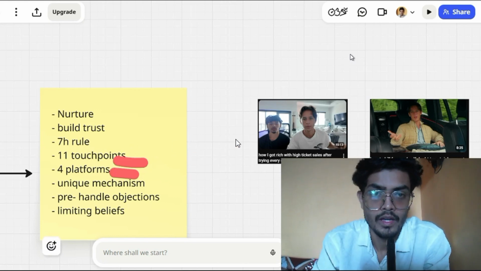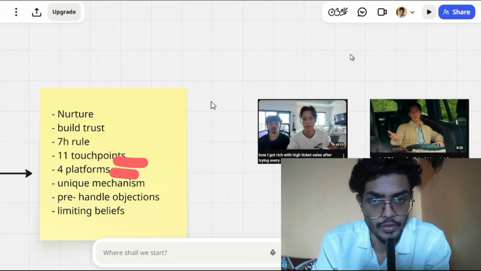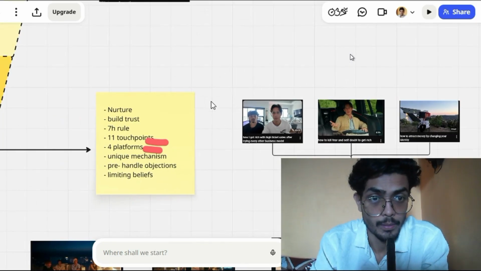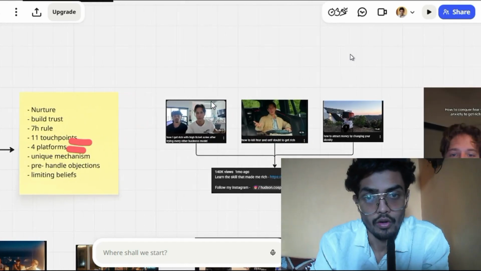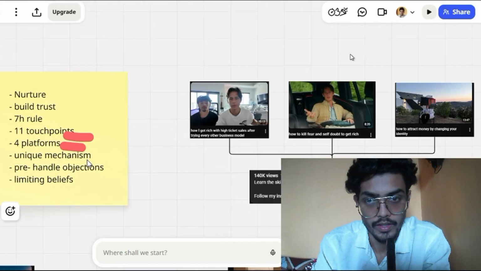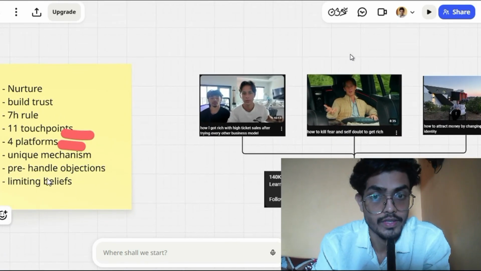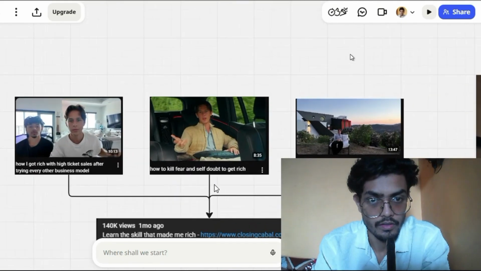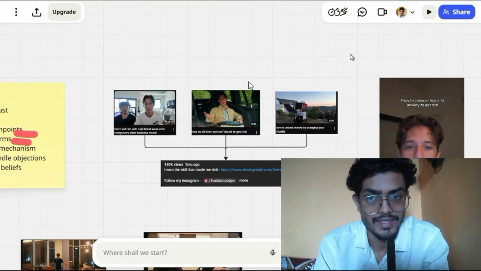But you need to be at least on YouTube as well as Instagram, and consistently produce content in order for people to trust you. And the entire purpose of the middle of the funnel is to showcase your unique mechanism, pre-handle objections, and remove limiting beliefs. Content like "how to kill fear and sell out to get rich" is essentially removing limiting beliefs.